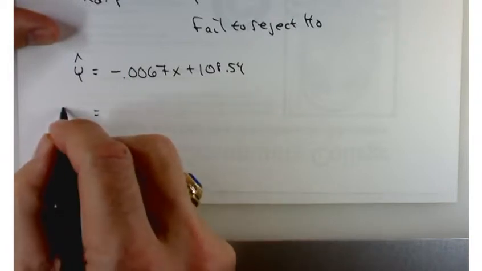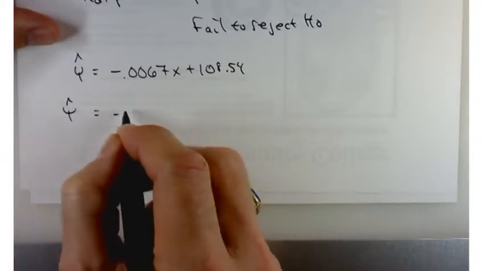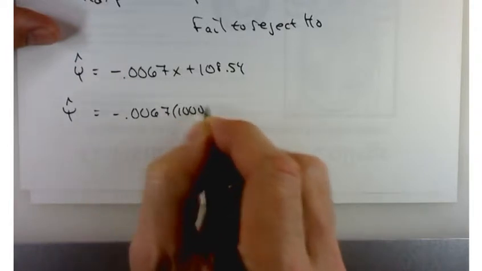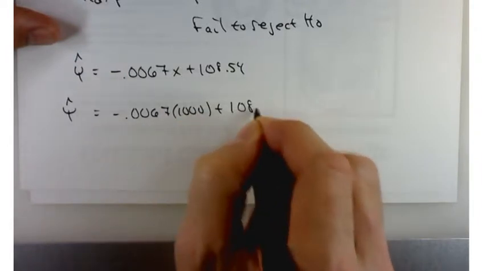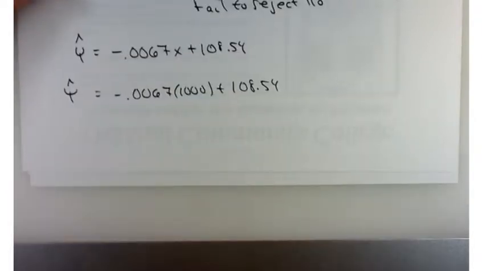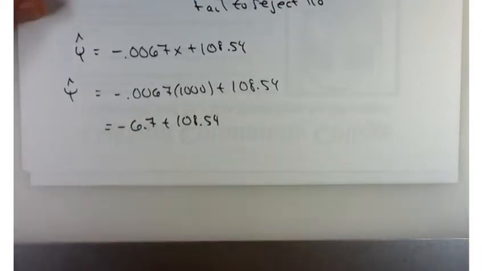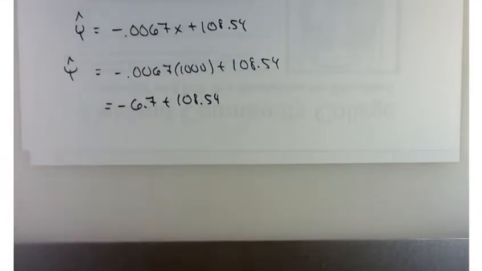So that's going to be negative 6.7 plus 108.54, which is 101.84. So that's your predicted value. Okay?